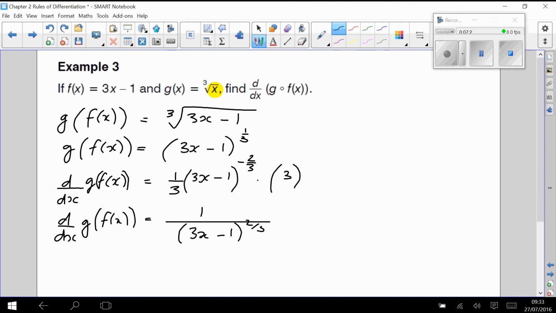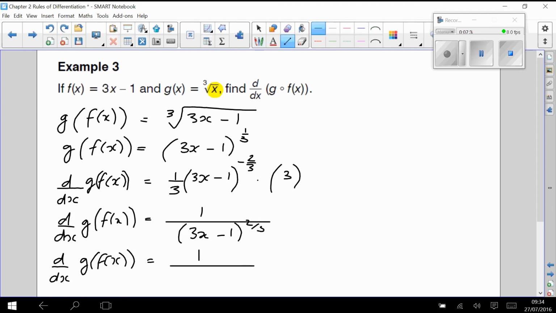Well, that means that I've got 3x minus 1 squared cube rooted. So lastly, if I want to simplify this still a little bit further, then I could have written it as follows. The cubed root of 3x minus 1 all squared.